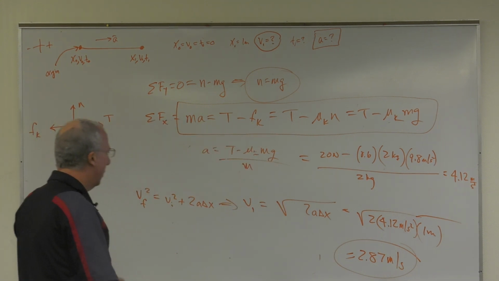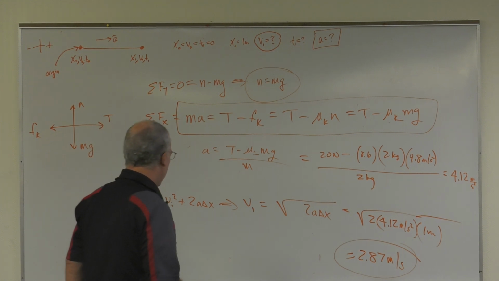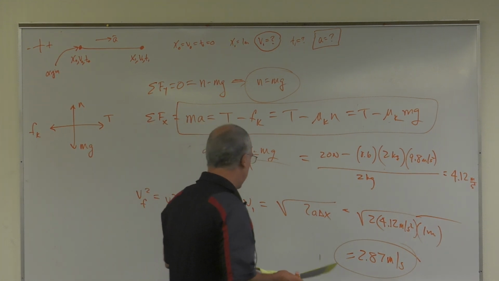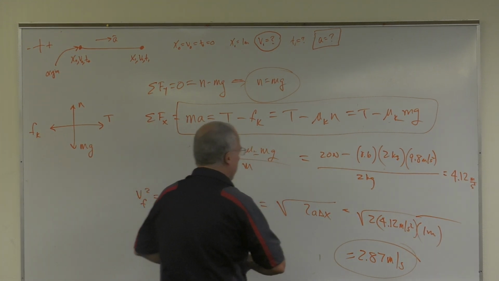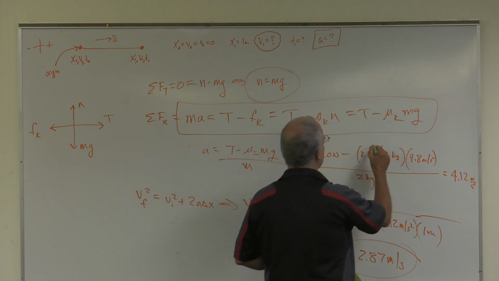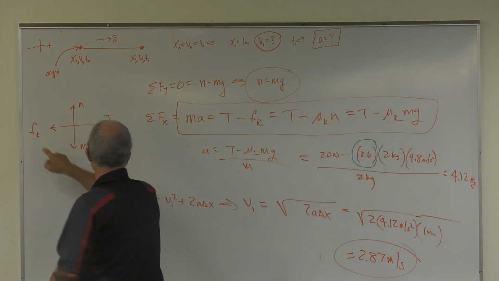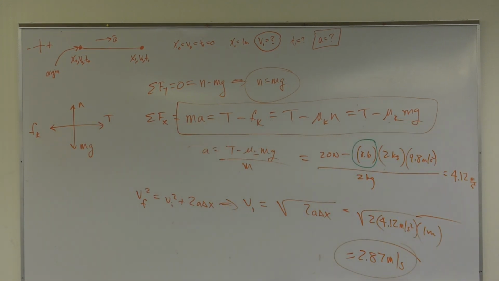Okay, part C. I'm not going to do it, but the only thing that's different is that 0.6 was the coefficient of kinetic friction for steel on steel dry.